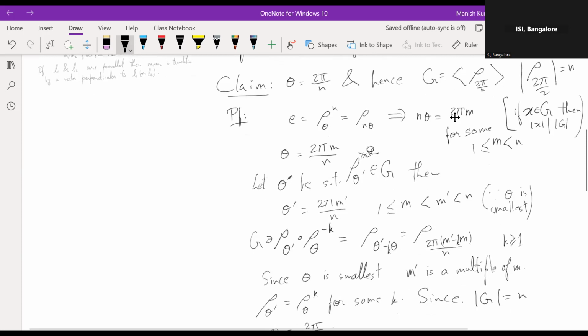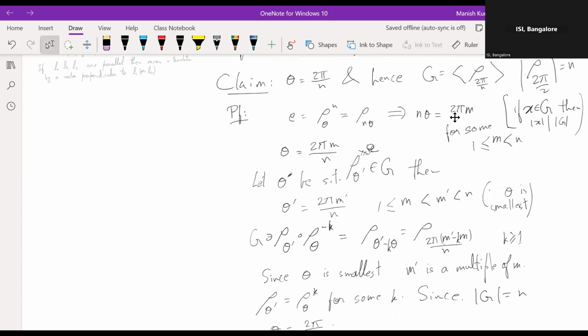So since theta is smallest, that tells you that m prime has to be a multiple of m. Is that okay? So you keep decreasing m prime by m one at a time. So you subtract m, again subtract m, and so on. If it comes in the range 0 to m, that means something is wrong.